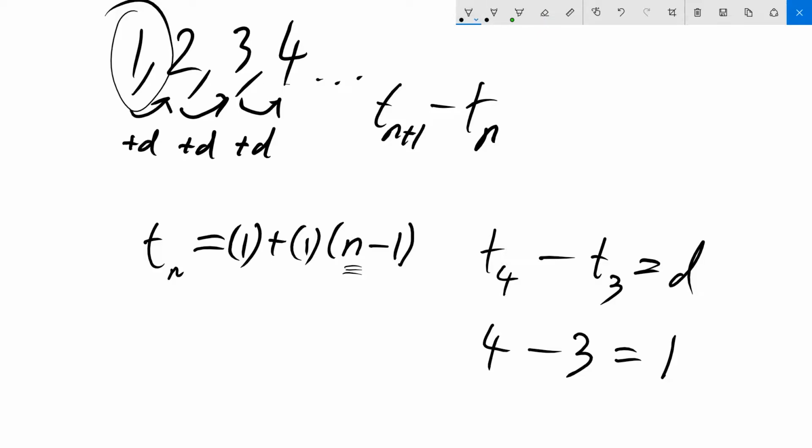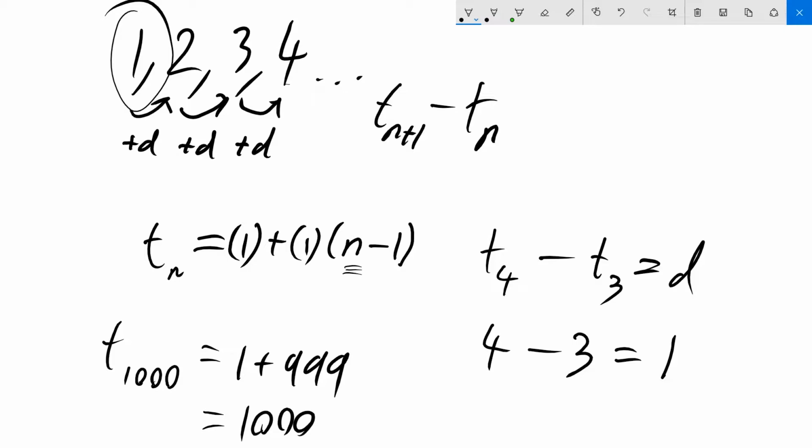So now, if we want the 1000th term, right, we can use this formula here. It's 1 plus 1 times 1000 minus 1, so that's 999, and that's going to be equal to 1000.